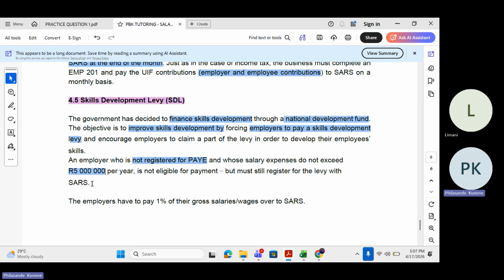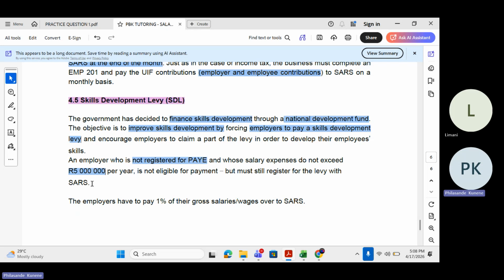Then you have to register to pay a skills development levy. But if they're less than that, you're not going to pay it. So if you have about 10 people working for you, you're not going to pay this deduction as an employer. There will be no skills development levy because the salary you will be paying those people doesn't exceed 5 million.